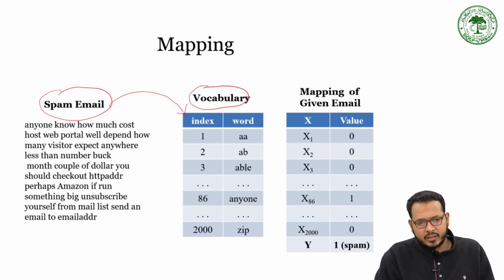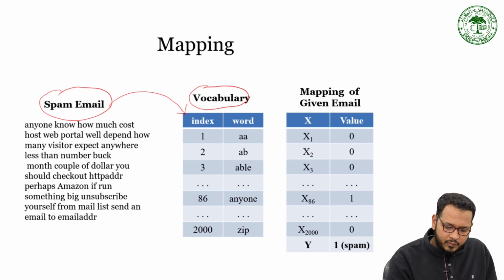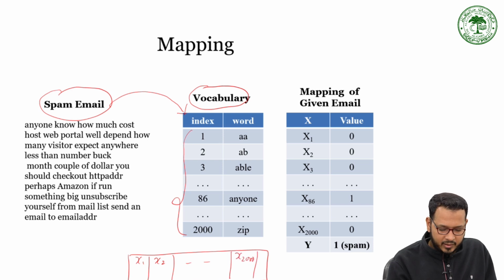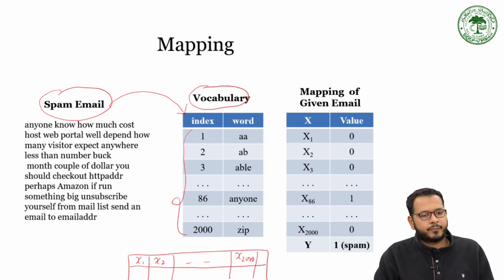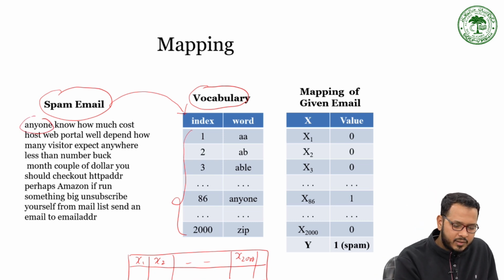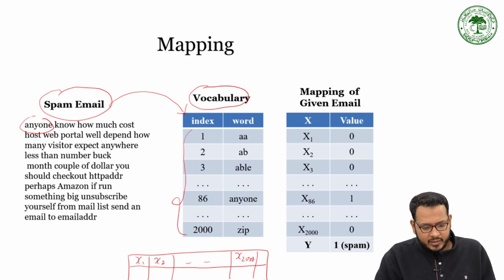So how do we compare that? We create a table where we have 2000 independent variables like this. We take the first word and see whether this word appears in the vocabulary, and if it appears, at what place.